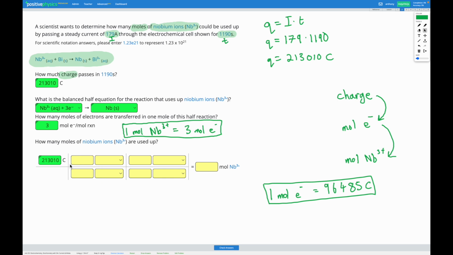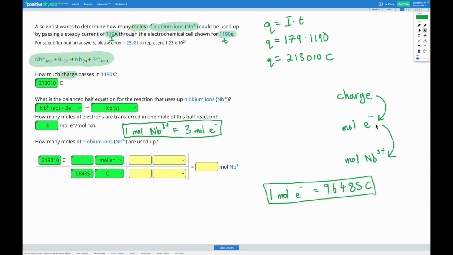So in our first column of our table, we're going to be converting from coulombs to moles of electrons. So we're going to have coulombs on the bottom, so that will cancel out, and moles of electrons on the top, since that's what we're trying to get into in this first step. Then we can fill out 1 mole of electrons on the top and 96,485 coulombs of charge on the bottom.